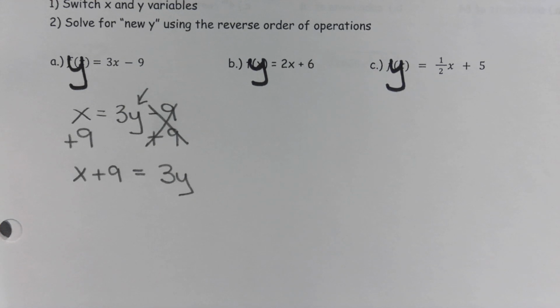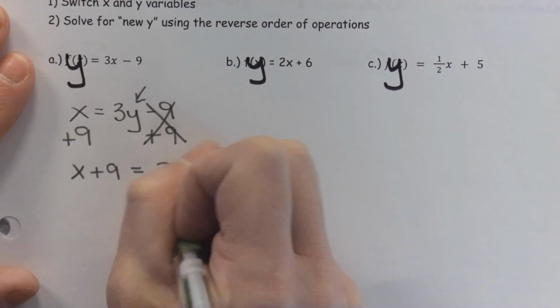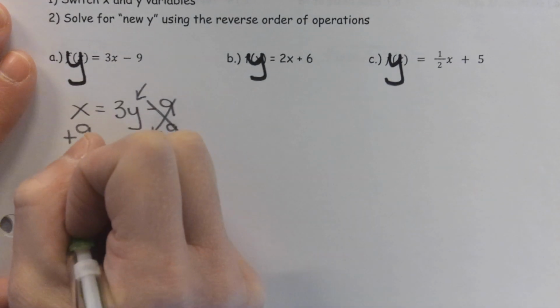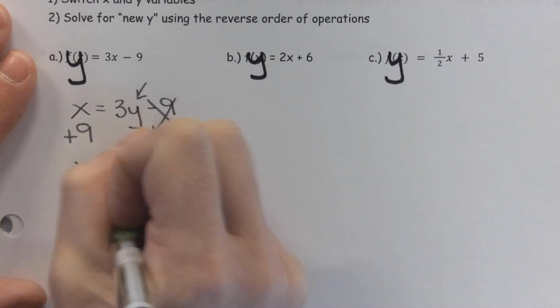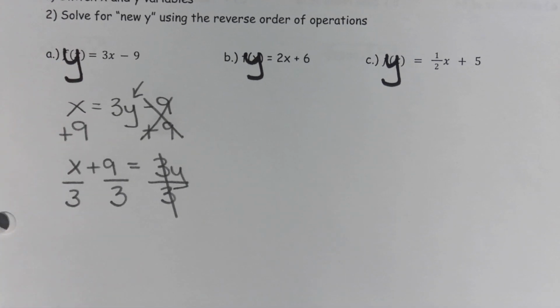Okay. How are the 3 and the y interacting? What's happening with them? They're being timed, so we need to divide. So I'm going to divide away the 3 because that's going to make this go away. And that means, though, that I also need to divide everything over here by 3. So you can't just do it to one thing. You have to divide everything by 3.